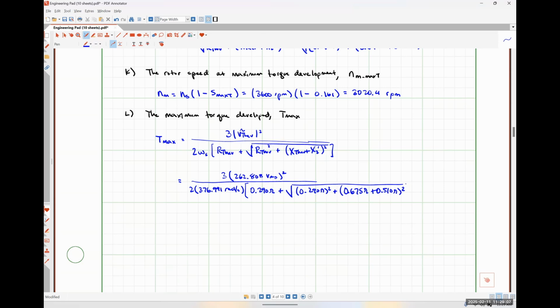Close my square bracket. And I wind up getting 181.999, so 182 Newton meters.